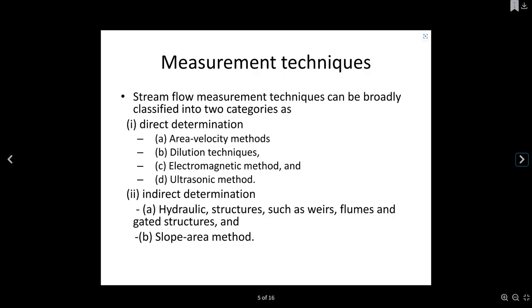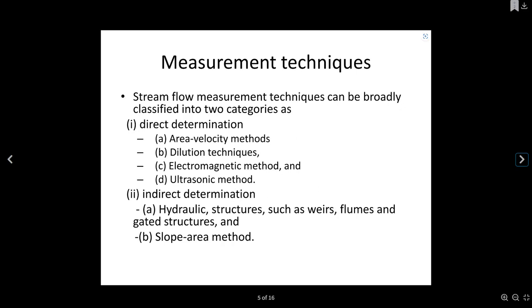So there are many measurement techniques. So yung tuturo natin today is yung kaya lang natin isolve using mga numerical methods. So dalawa, direct determination and of course yung indirect determination. So yan yung dalawang categories. For direct determination, we have here area velocity method, dilution techniques, electromagnetic method, ultrasonic methods. Ang pinaka madaling gawin diyan is of course yung area velocity method.